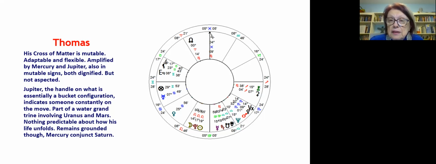Mercury is connected to two of the angles, so that conjunction is a powerful statement about how, because it's in the 4th house, he calls upon his internal strength to deal with a life which is constantly in motion. It won't surprise you to discover that he's a pilot and an aeronautical engineer, and he does a lot of really interesting things in his life.